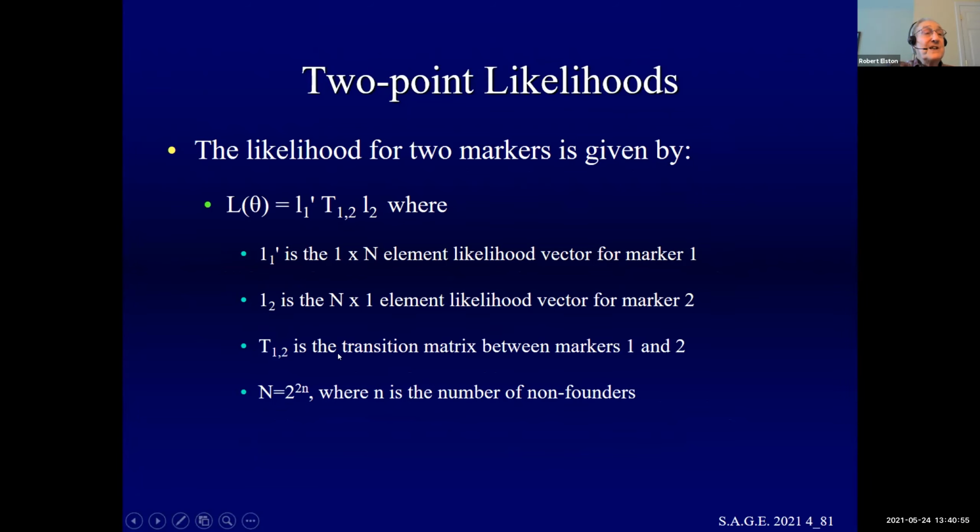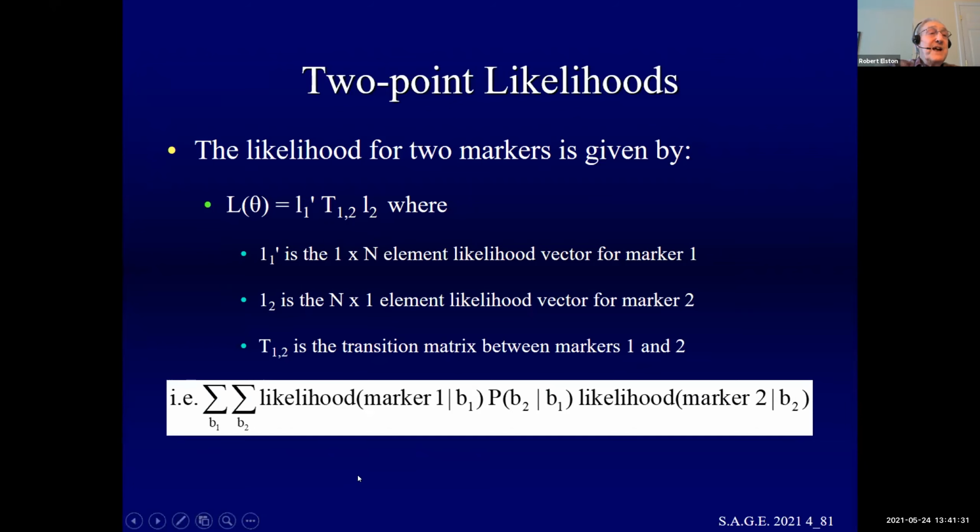And this is the transition matrix between markers 1 and 2, and capital N is 2 to the 2n, where n is the number of non-founders. So if you remember, think of this as L prime. This is a certain length. This is a symmetric matrix. Well, it is in this case anyway. And then this is the other vector, which is now, this is a row vector, a square matrix, a column vector. So this turns out to be a scalar. It's a quadratic form.